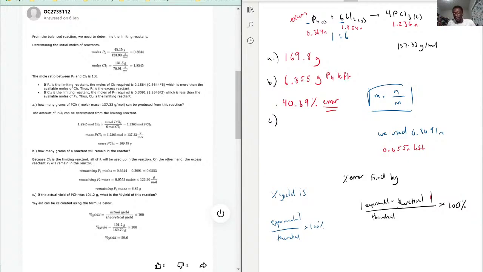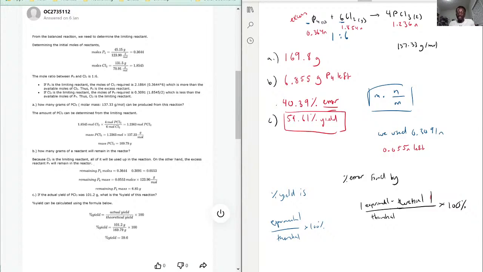So we have, just how they said, 101.2 divided by the answer, or divided by 1.69. Our percent yield is going to be 59.61% yield. So there you have it.